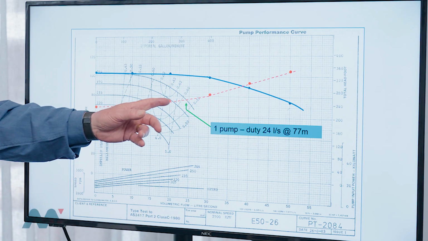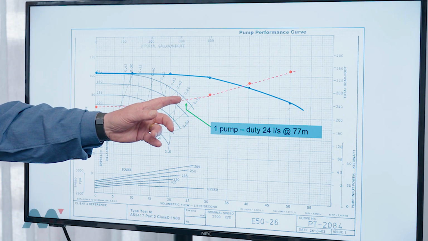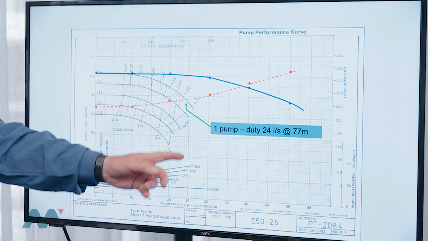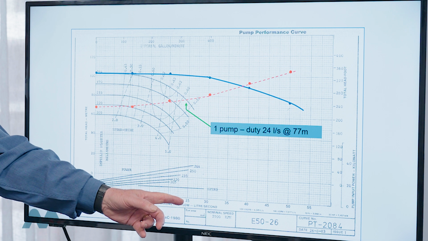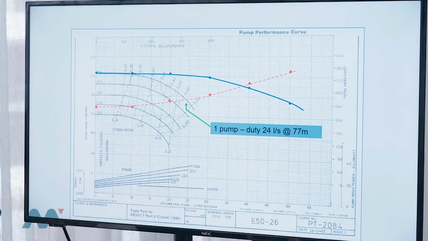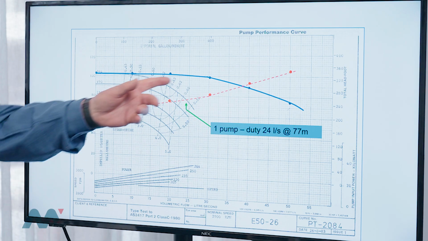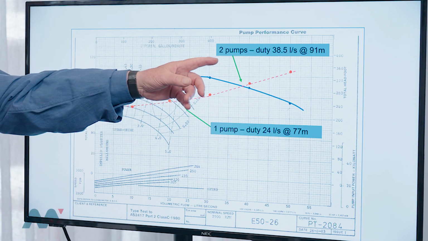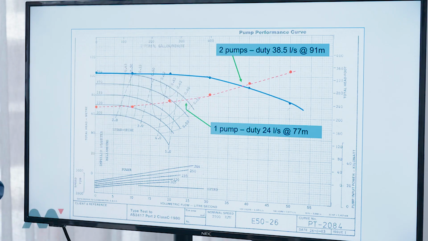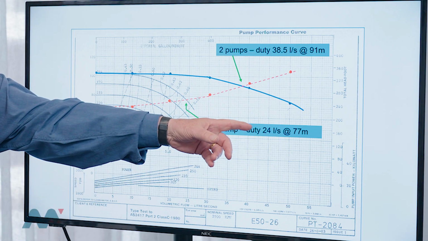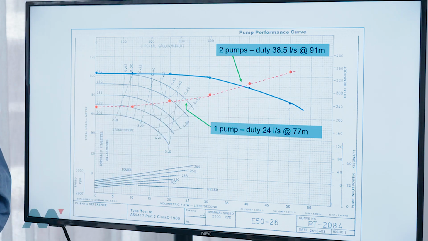We can see that the single pump operation intersects the single pump curve at a point here, and that gives us a flow rate of about 24 litres a second at a head of about 77 metres. That's the single operating point. If we now go to the next point, which is the two pumps in parallel, we've only got an increase in flow to 38.5 litres a second, whereas people might reasonably be expecting it to be 48.